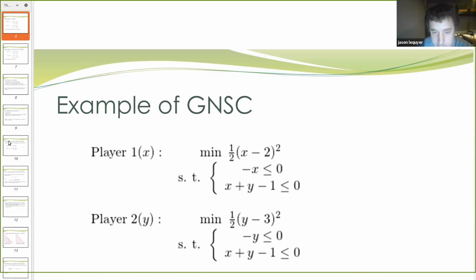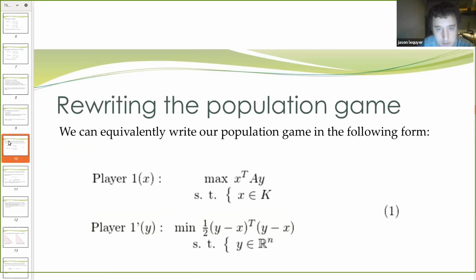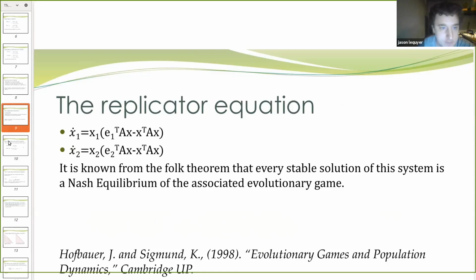Yeah, so we successfully generalized part 2 of the Folk theorem, which says that any stable solution of this is a Nash equilibrium, and we generalized this to GNSCs so that any stable solution of our generalized replicator equation is a solution to the associated game.